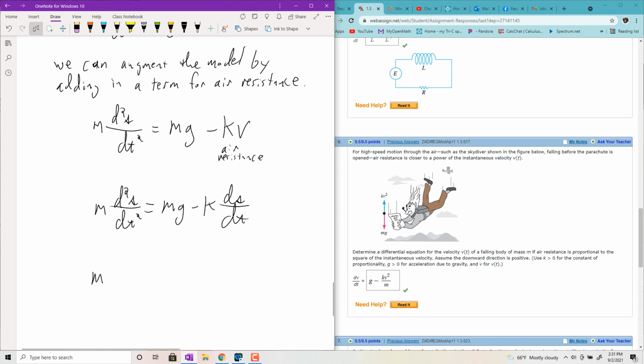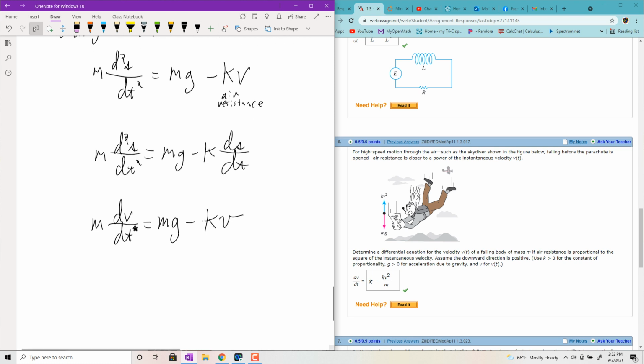So you could also rewrite it as the first derivative of v with respect to t equals g minus k times v. And if you solve for dv over dt, you just get g minus k, apparently it's v squared.